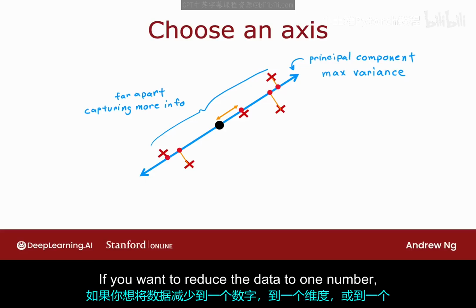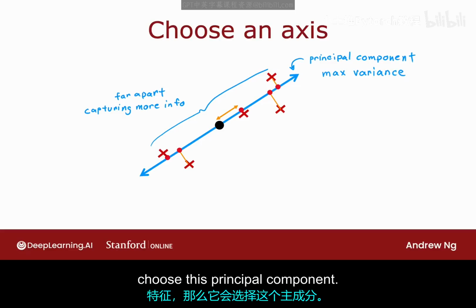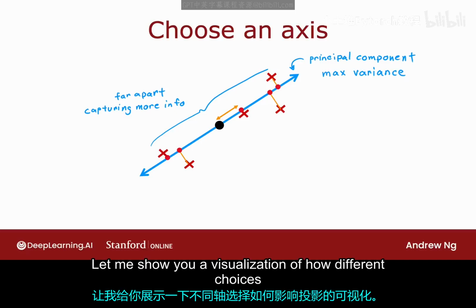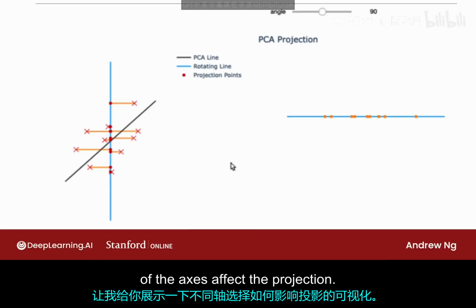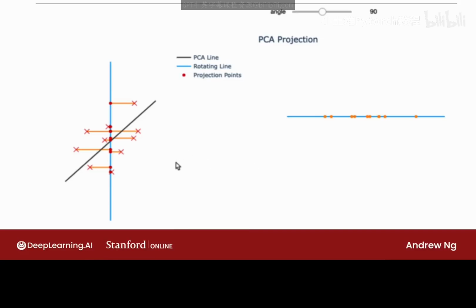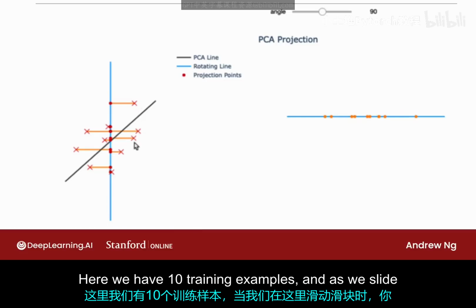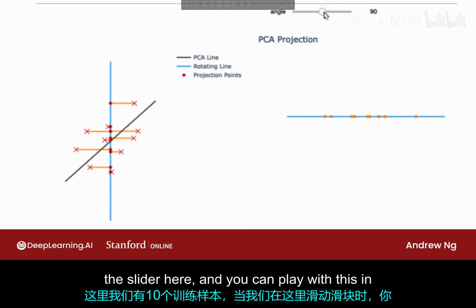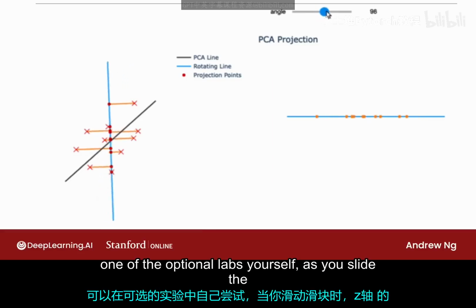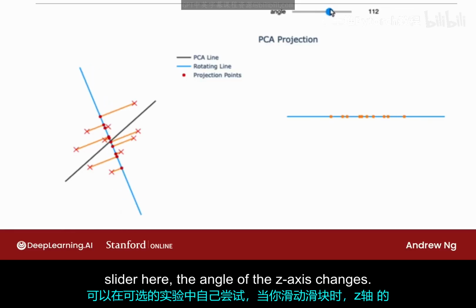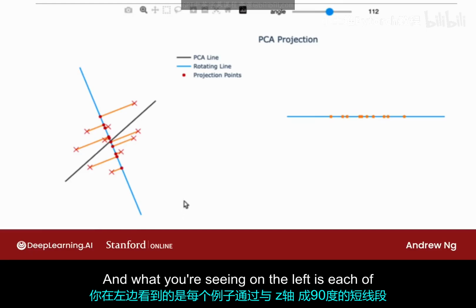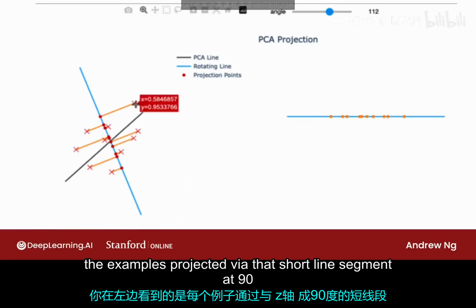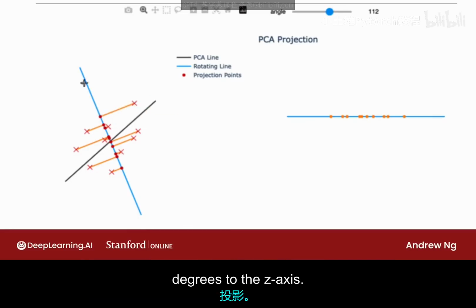If you want to reduce the data to one number, to one dimension, or to one feature, then it will choose this principal component. Let me show you a visualization of how different choices of the axes affect the projection. Here we have 10 training examples, and as we slide this slider, and you can play with this in one of the optional labs yourself, the angle of the z-axis changes. And what you're seeing on the left is each of the examples projected via that short line segment at 90 degrees to the z-axis.